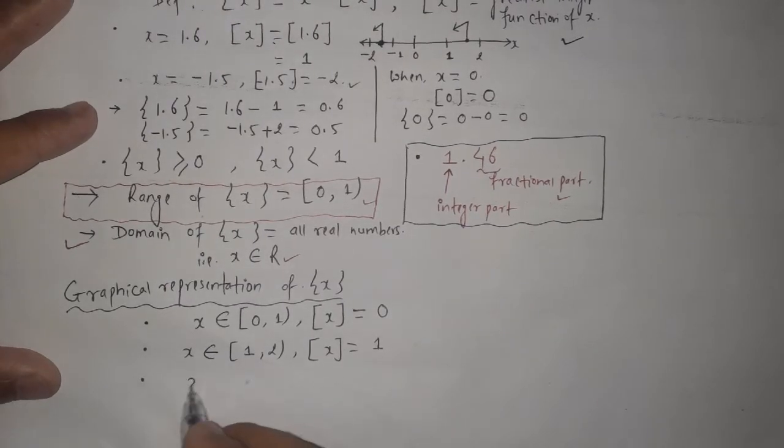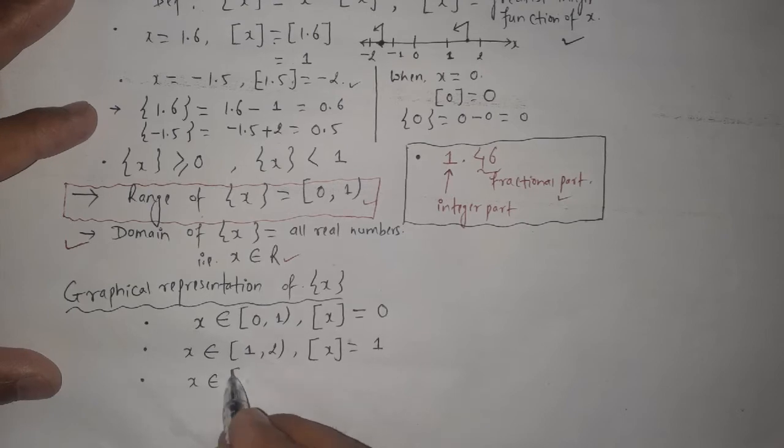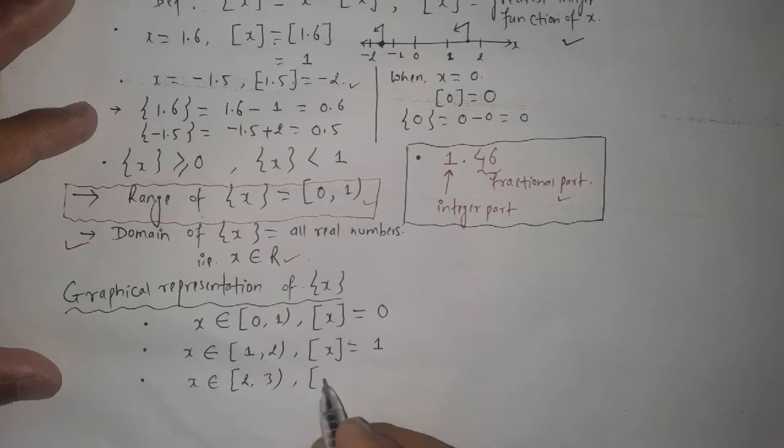Similarly, if the input lies from 2 included to 3 not included, the greatest integer of x is just 2.